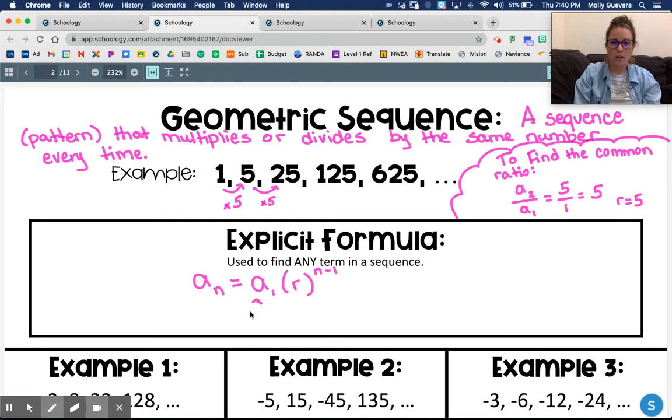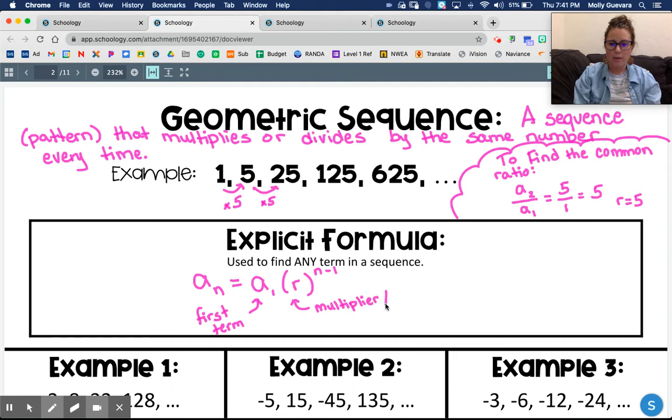Let's dissect this equation. A sub 1, we should hopefully already know, is my first term, the first number listed. My r is my multiplier: what am I multiplying by every single time?